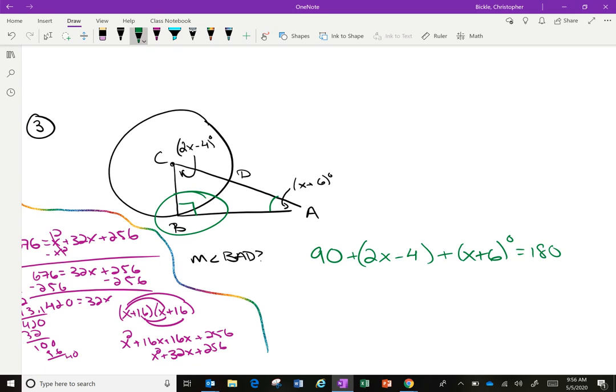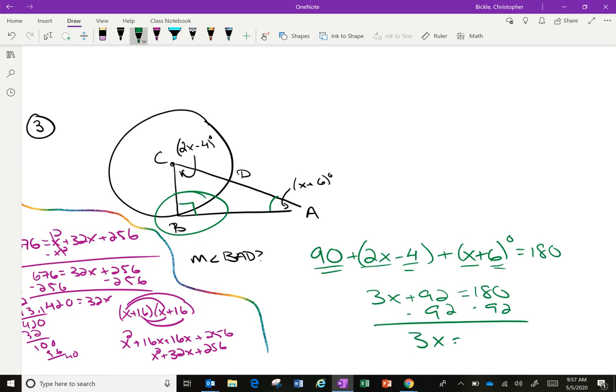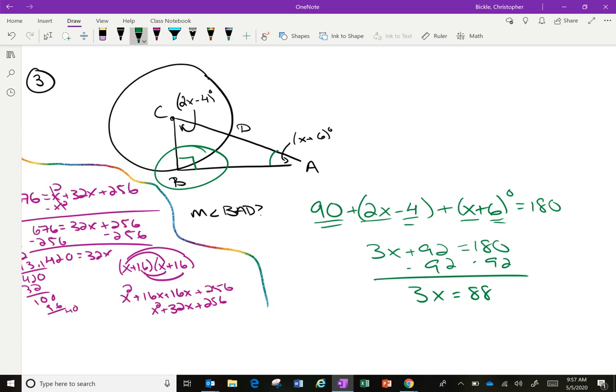So let's combine like terms here. 2x and x gives me 3x. 90 plus 6 is 96. 96 minus 4 is 92. So I've got 3x plus 92 equals 180. Subtract 92. And I'm trying to start to think about answers. And we get 3x equals 88. Looks like we're getting lots of decimals.